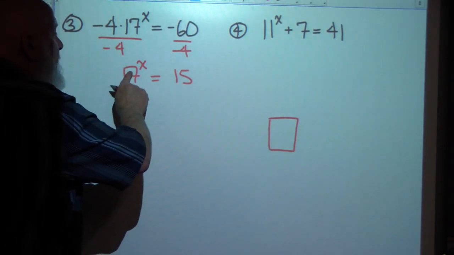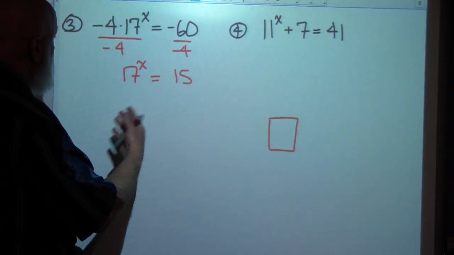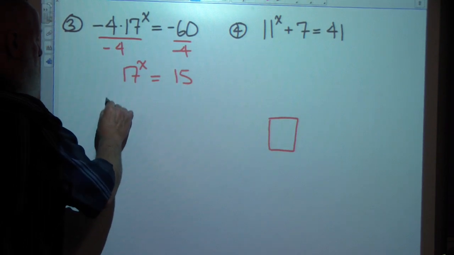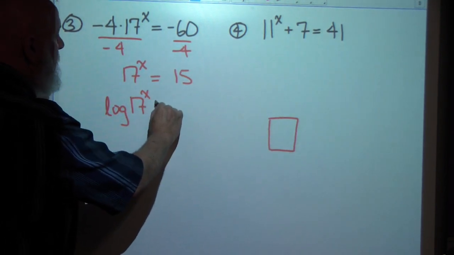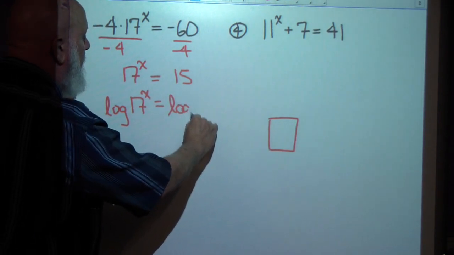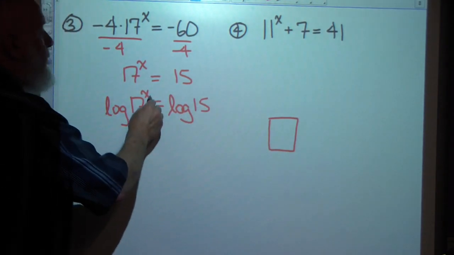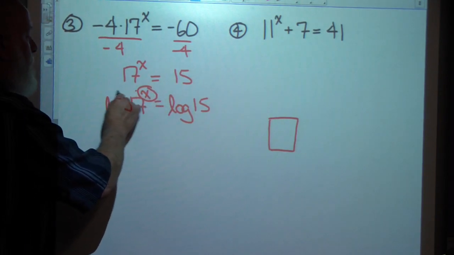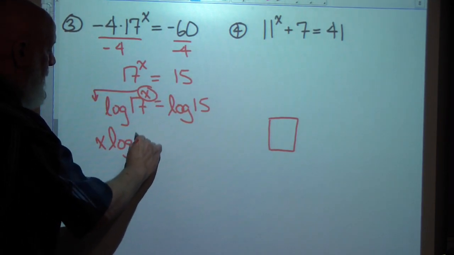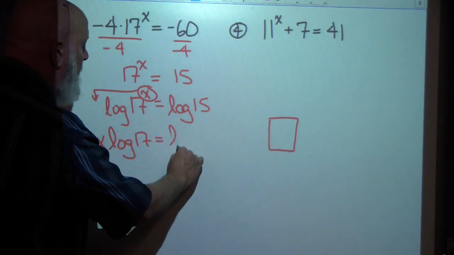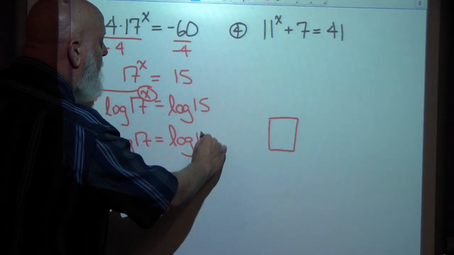Now I have 17 to the x power is 15, so I'm going to take the log of both sides. I want x. I'm going to use my power property. I'm going to move this to a position of a coefficient. Use some pre-algebra.